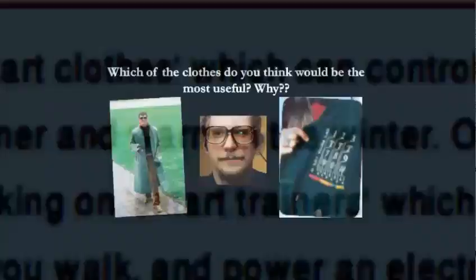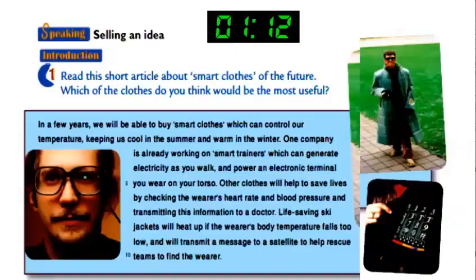To answer this question, let's read together this article about smart clothes. In a few years, we will be able to buy smart clothes which can control our temperature, keeping us cool in the summer and warm in the winter.